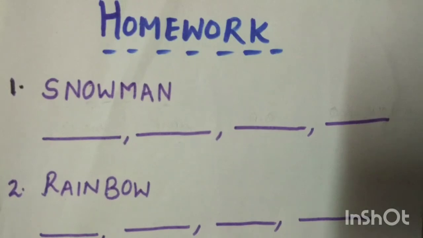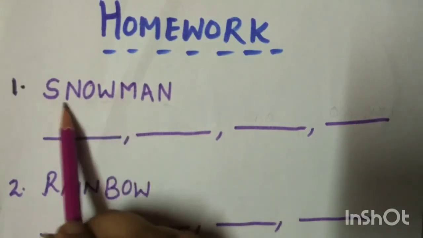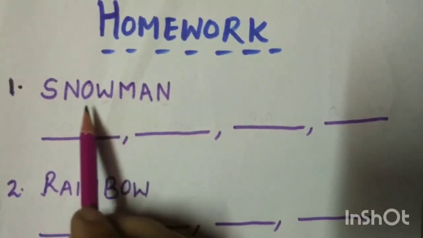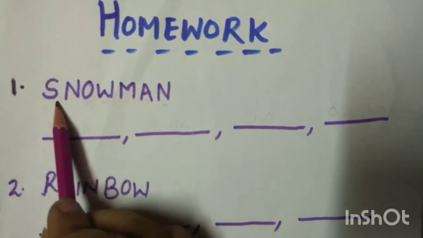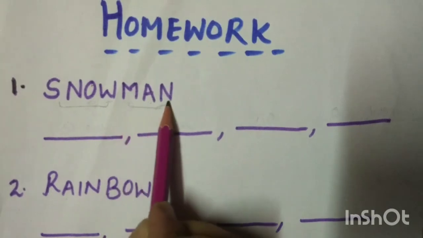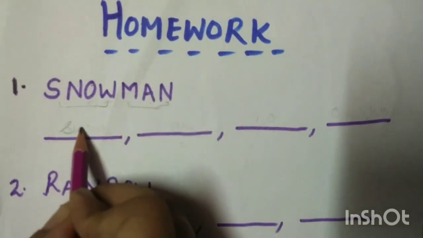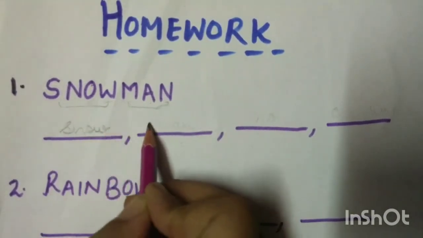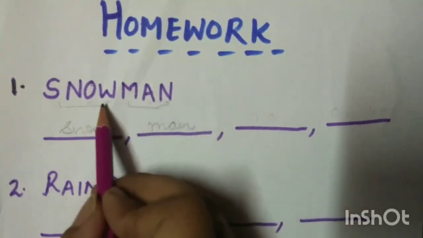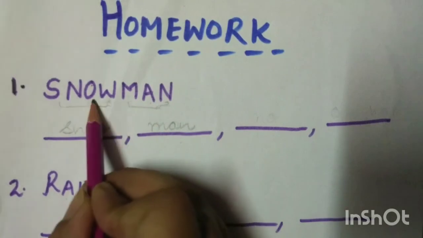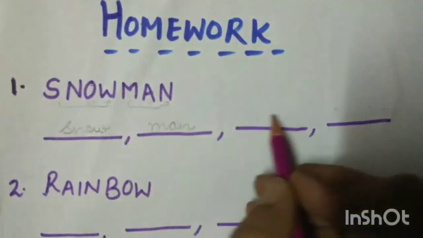We are given the word snowman here. We have to find out the hidden words from this word. So snow and man, these two words we can find easily. Snow and man. Then woman, W-O-M-A-N, woman.